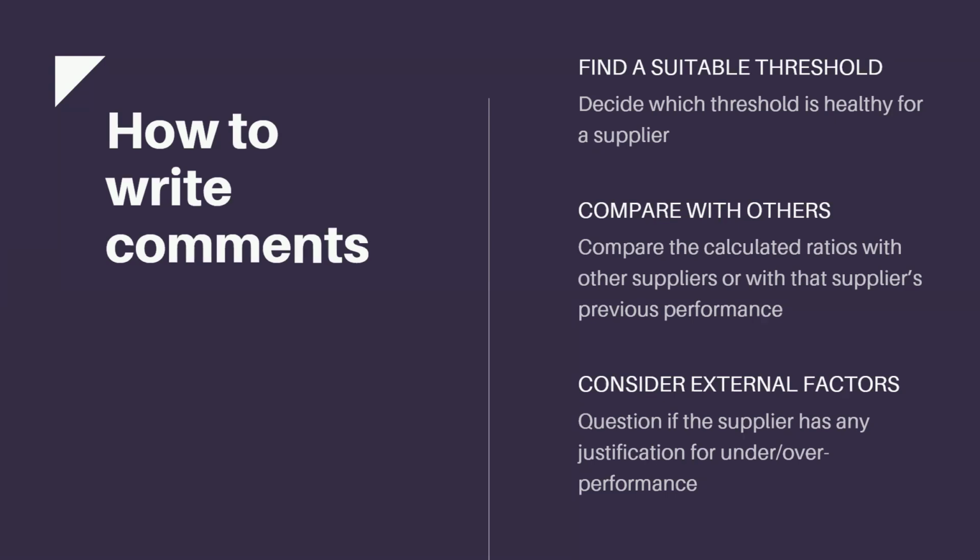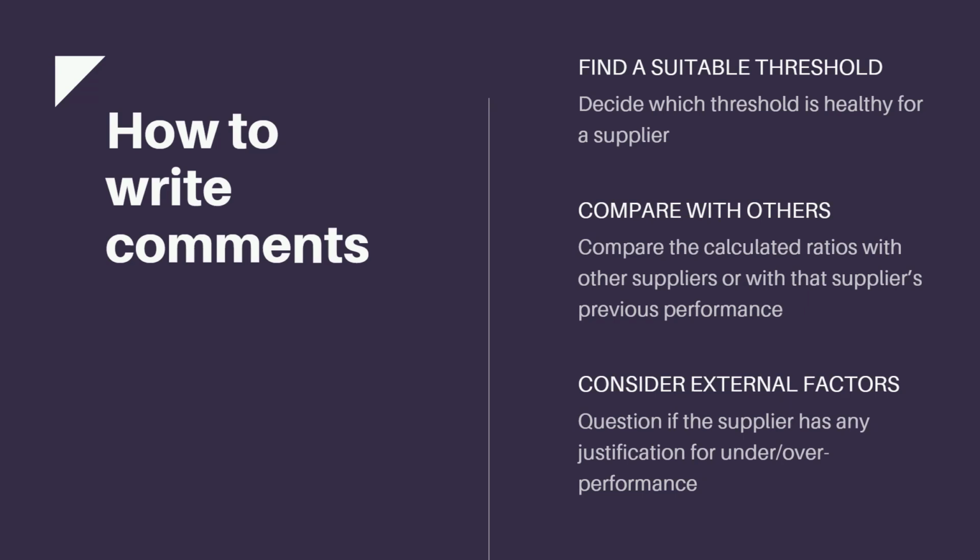However, it is not enough to just consider the ratios only. If the scenario provides more information, like supplier A has recently invested in a fixed machine or an expensive piece of equipment, then they may have a very low current ratio because they just paid out some money to their supplier to get that equipment.